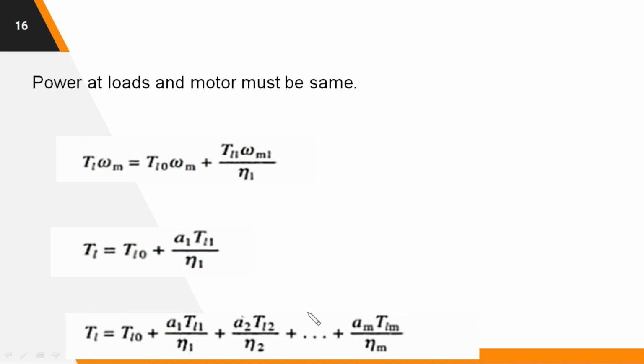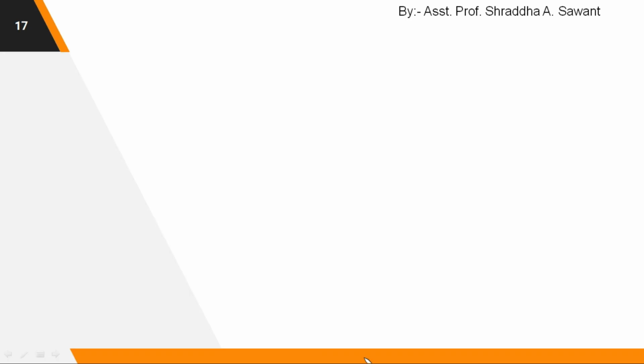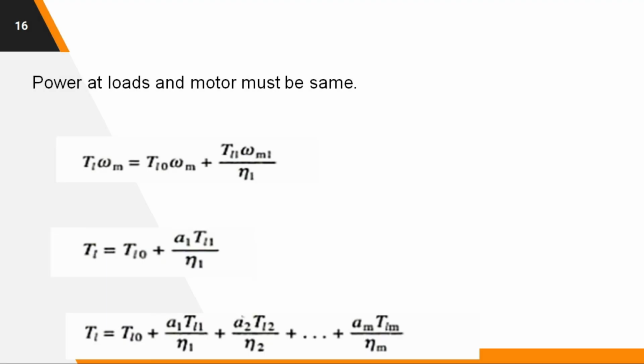For the generalized equation, TL load is equal to TL0 plus a1 TL1 upon efficiency n1 plus a2 TL2 upon n2 plus dot dot plus am TLm upon nm. So these are the two equations. Depending on the load, the terms will get added, so we have to design the equation as per the numerical.